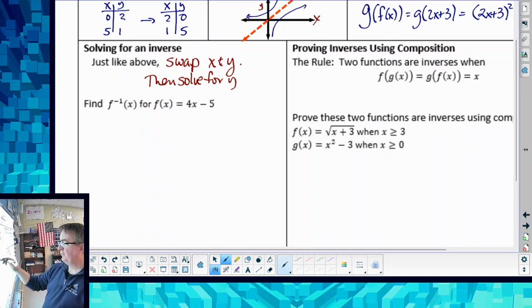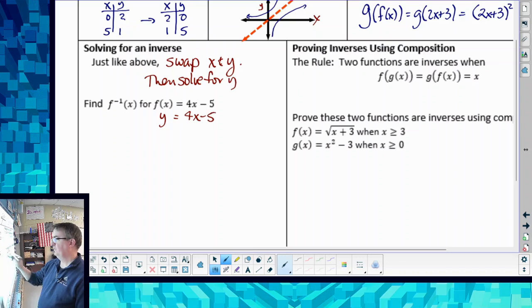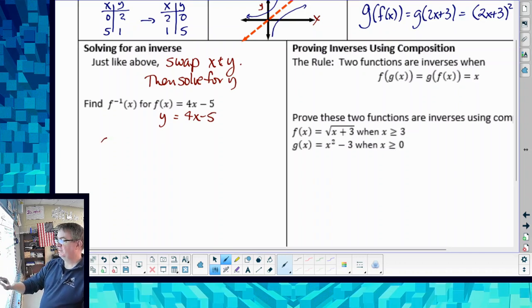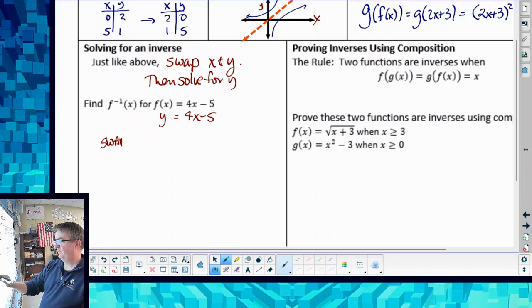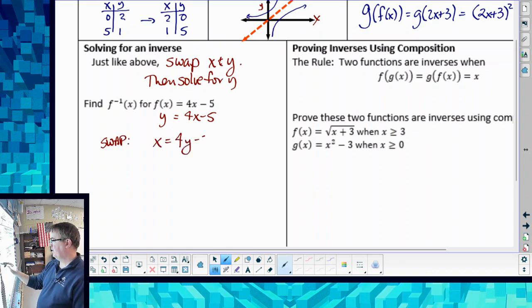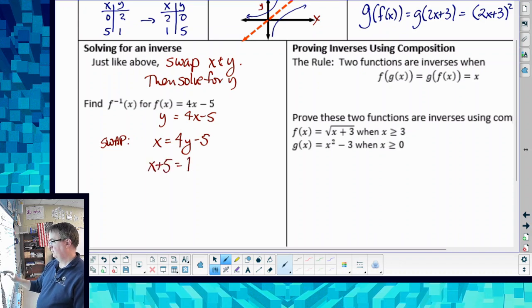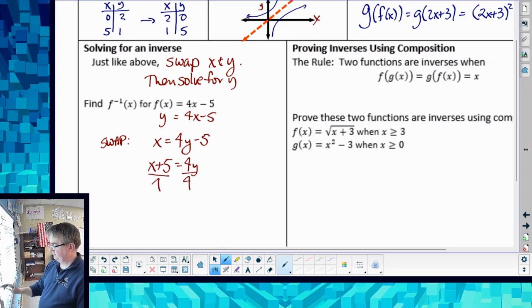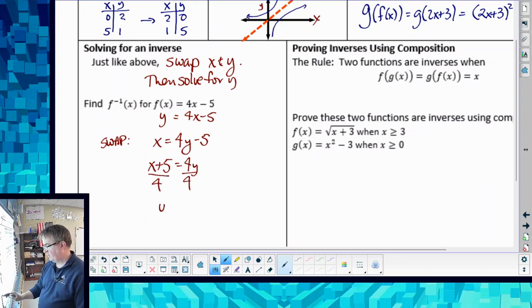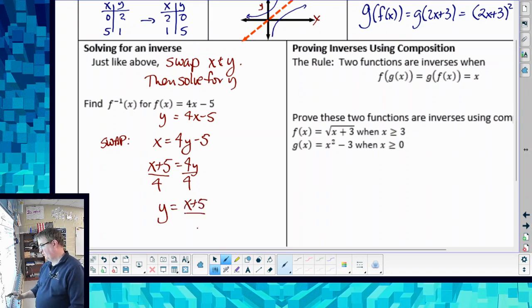So I'm going to rewrite this, and this becomes y. I'm going to do the swap. So x is going to equal 4y minus 5. Divide through by 4. Then y is going to end up equaling x plus 5 over 4.